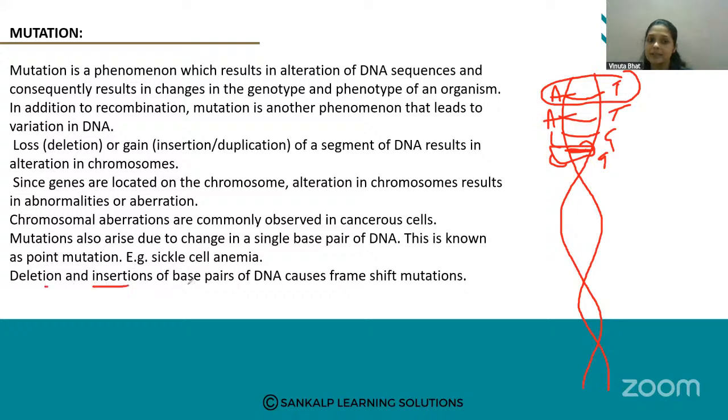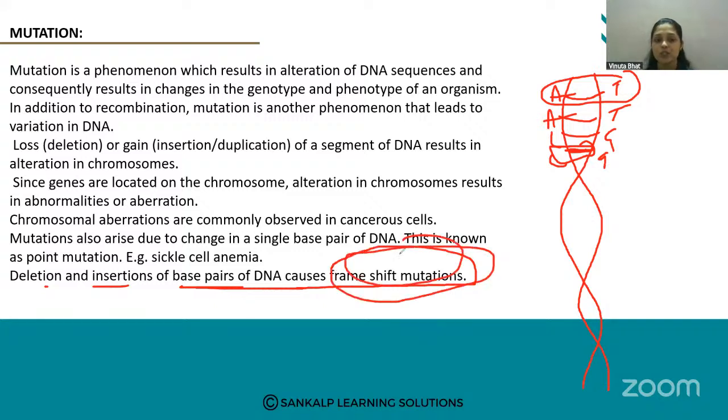Deletion and insertion of base pairs of DNA causes the frame shift mutation. Addition or deletion of the single base pairs of the DNA that cause the frame shift mutations.